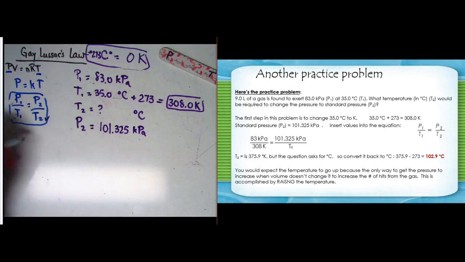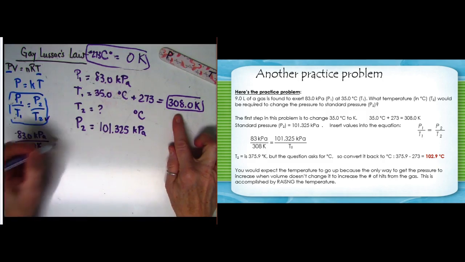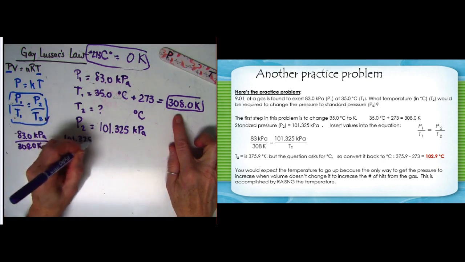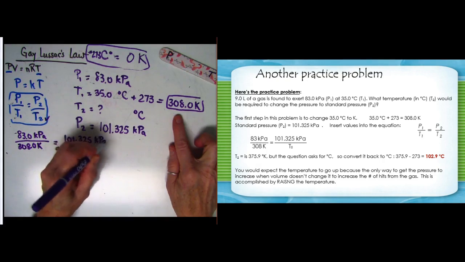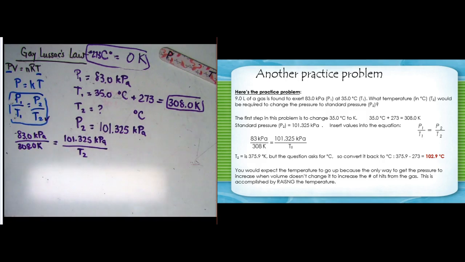All right, let's put everything in place. 83.0 kilopascals. We have a temperature of 308.0 Kelvin. We want the final pressure to be 101.325 kilopascals, and we don't know what T2 is.